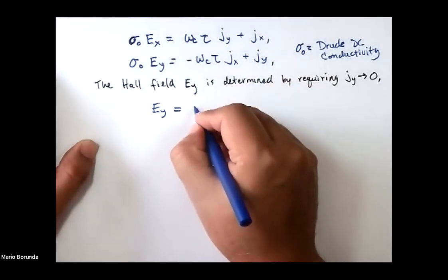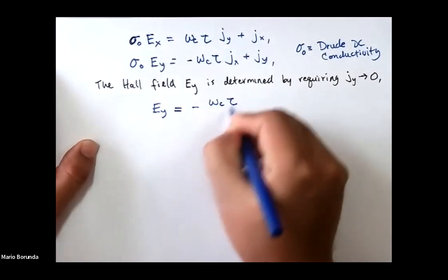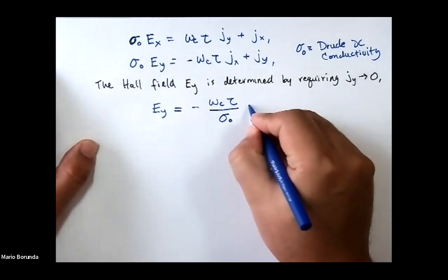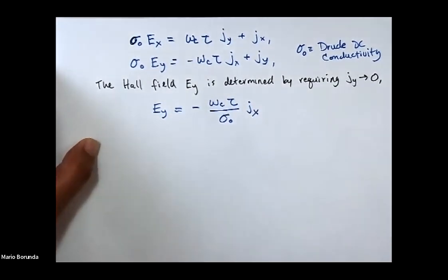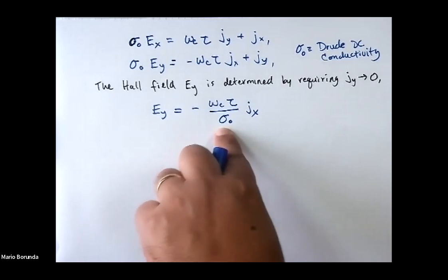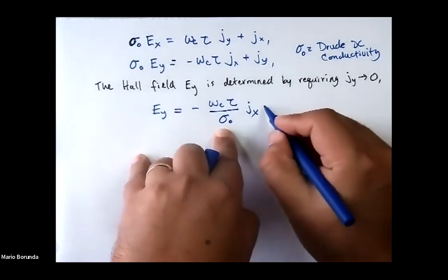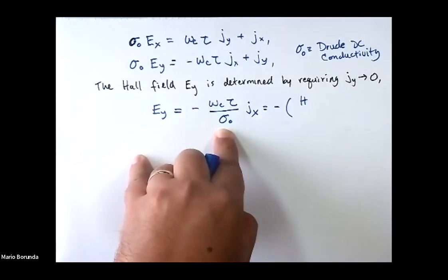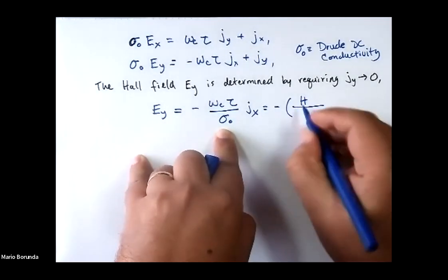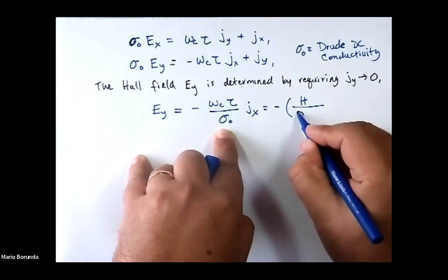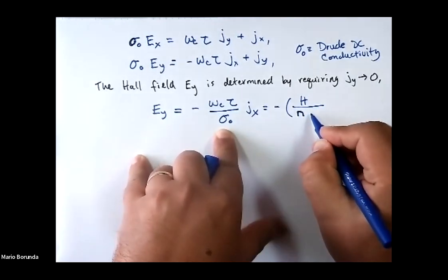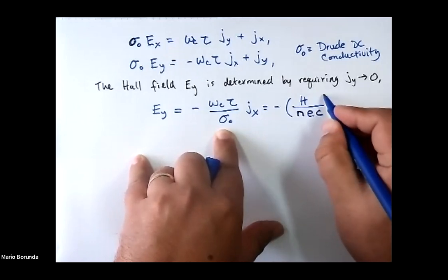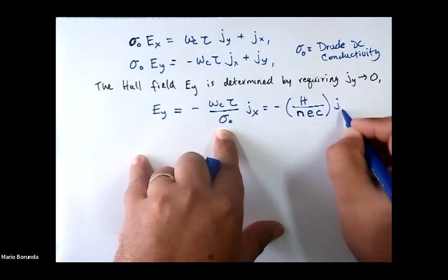And I have negative omega c tau divided by omega naught times Jx. So now, remembering what omega c was, I can rewrite it again, and I have a negative H, the magnetic field, the concentration of electrons, the charge of the electron, and the speed of light, Jx.